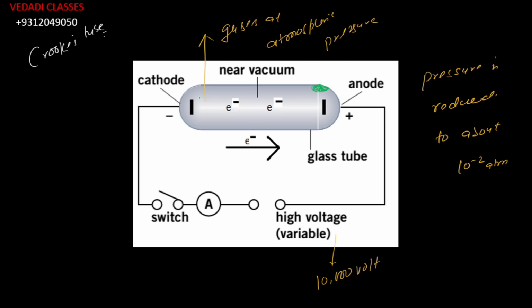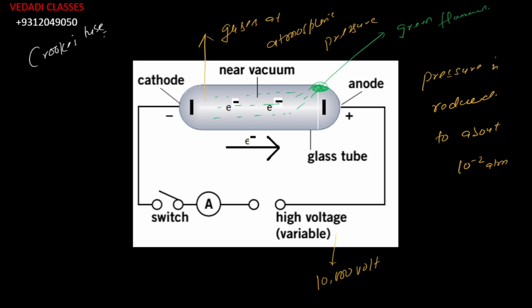So current starts flowing from cathode to anode. As it moves from here, it strikes on the wall of the discharge tube, and the green fluorescence is observed. So this is the cathode ray.